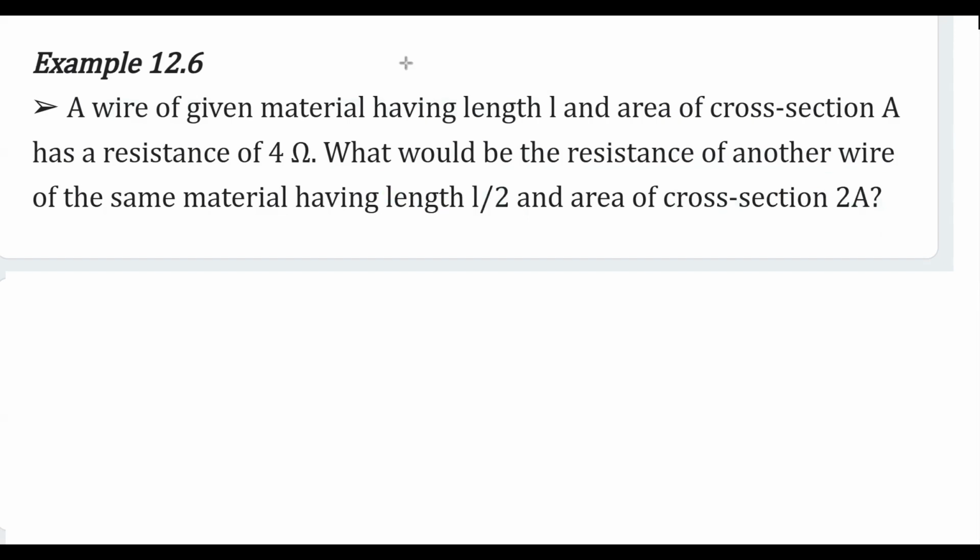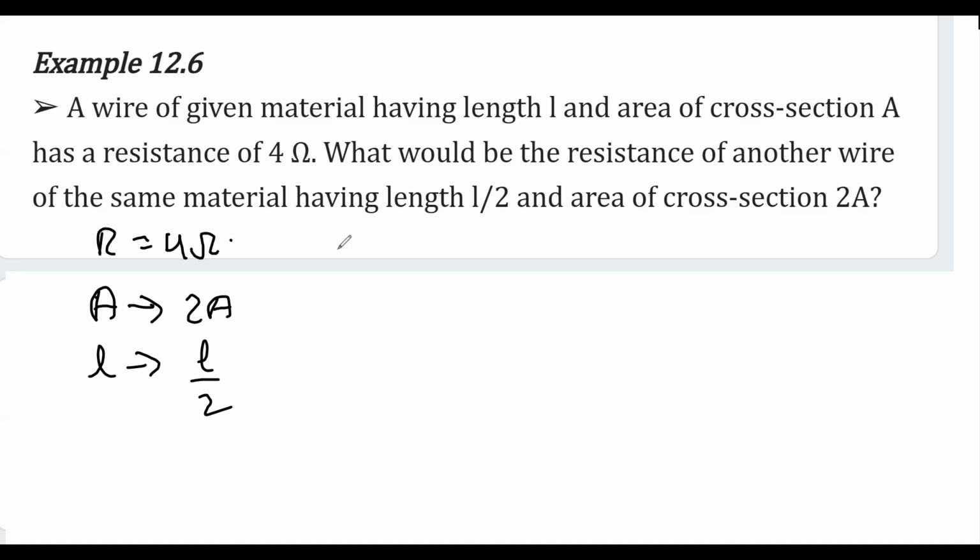Now let's figure out that the area of the new wire is twice the original wire, right? And the length is made half, right? So the new length is half the original length. And the original resistance is given as 4 ohm. What we have to find out is the new resistance.